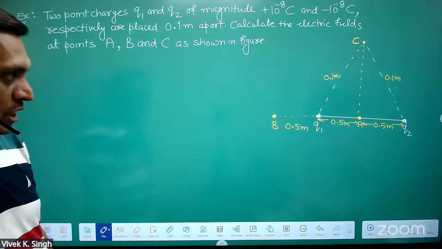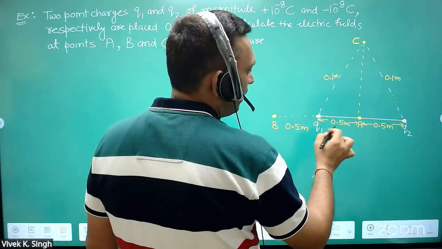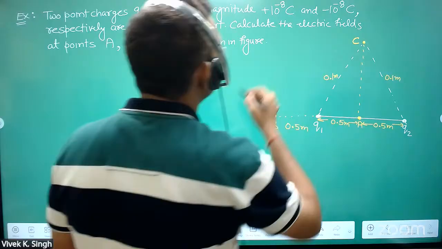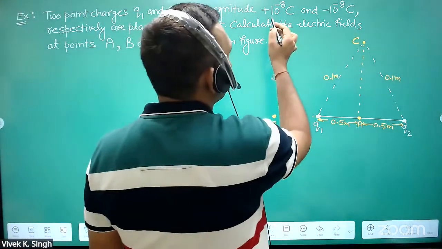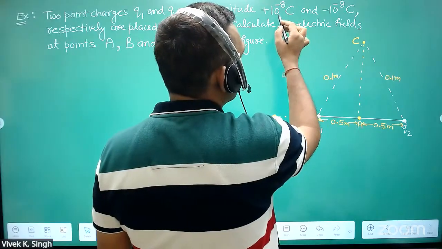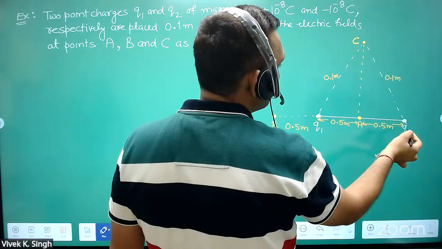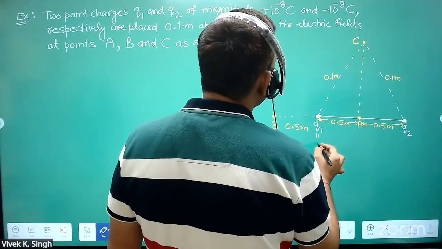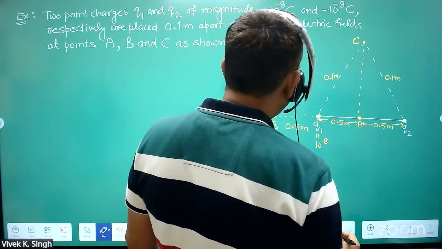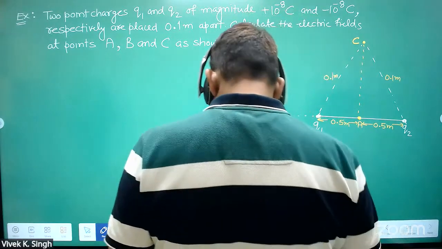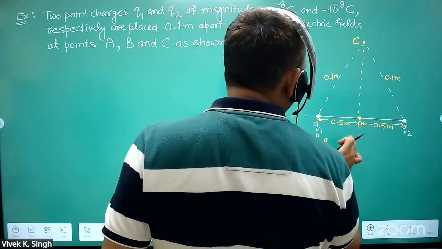So you have two charges Q1 and Q2 that are placed 0.1 meter apart. Q1 is plus 10 to power minus 8 coulomb, and this is minus 10 to power minus 8 coulomb. So this distance should be 0.05, right? Yes. This is 0.05. This will also be 0.05.